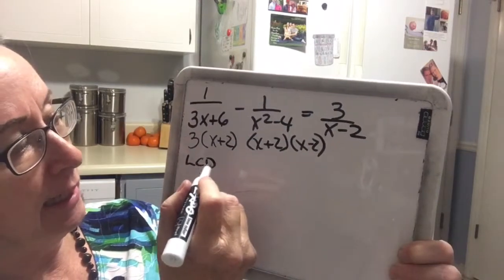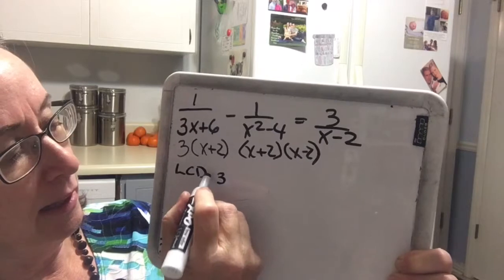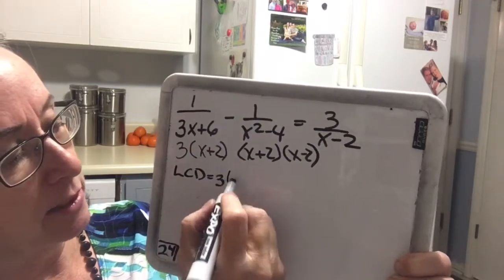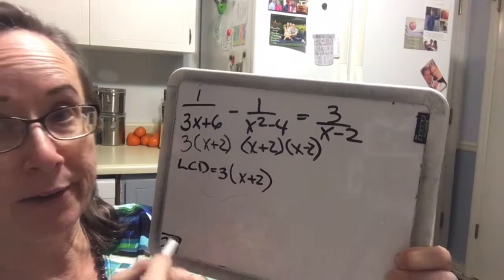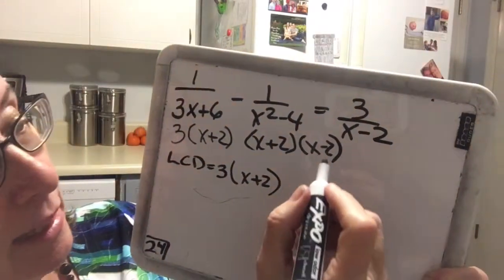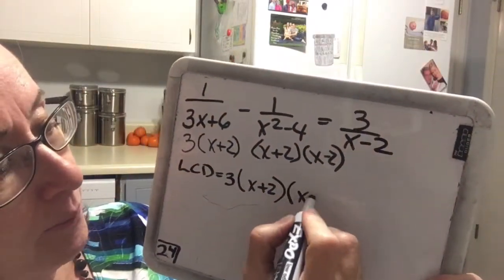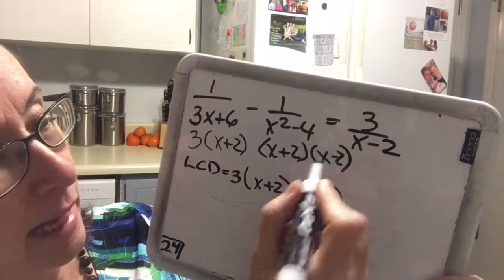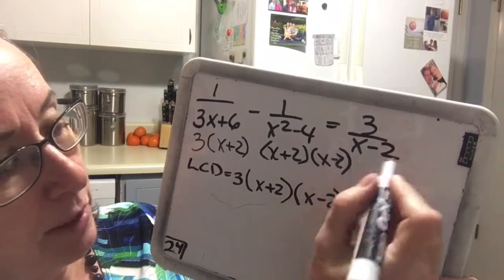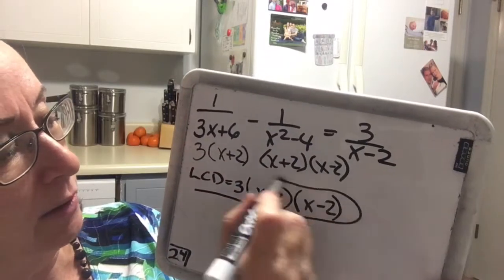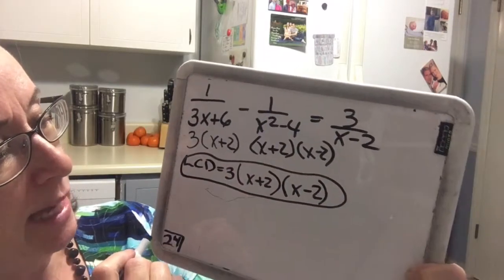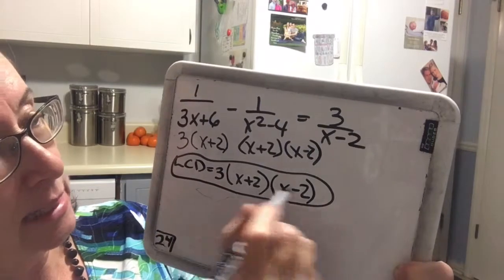My LCD has got to have a 3, and it's got to have an x plus 2. It's got to have an x plus 2, but it already does, and they can share. It's got to have an x minus 2 to make this one happy. And then x minus 2 is already in there. So my least common denominator is going to be 3 times x plus 2, x minus 2.